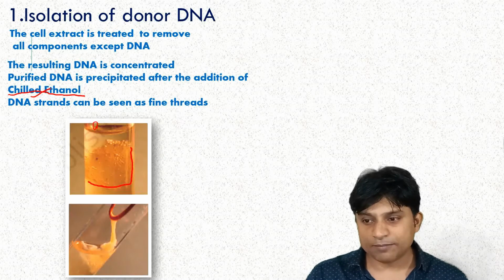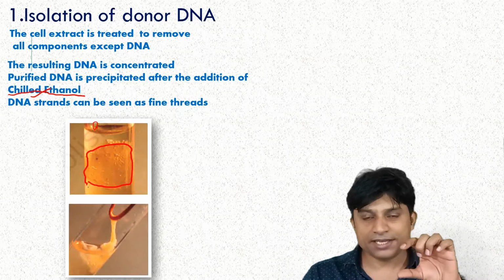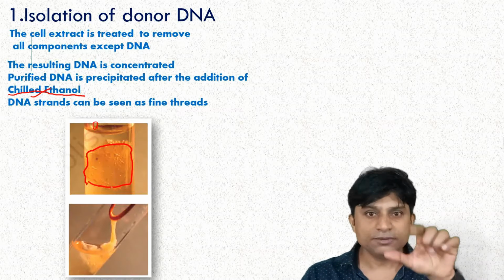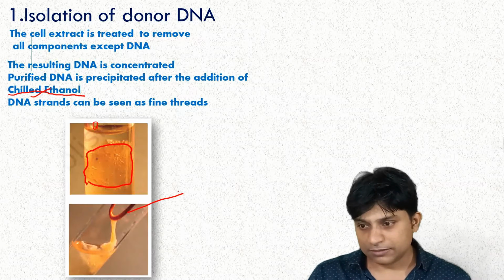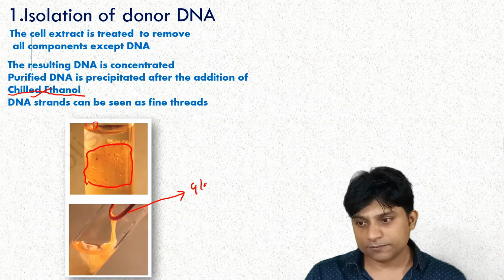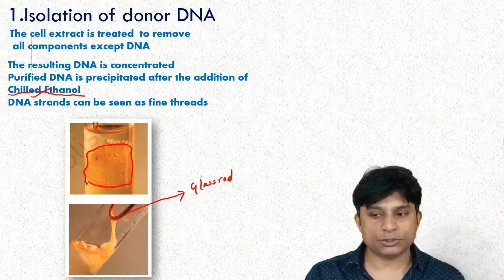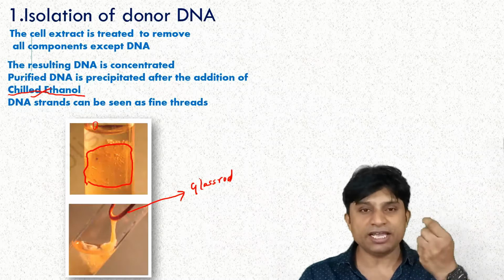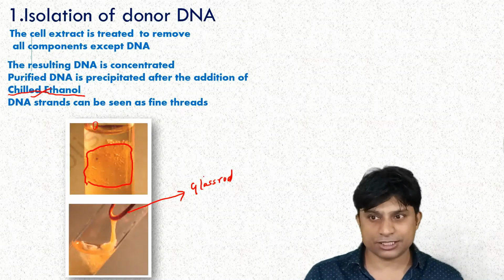This entire DNA can be seen as a layer between the buffer solution and the ethanol. Then by using a glass rod or a spatula, we can separate out DNA strands, which can be seen as fine white threads.